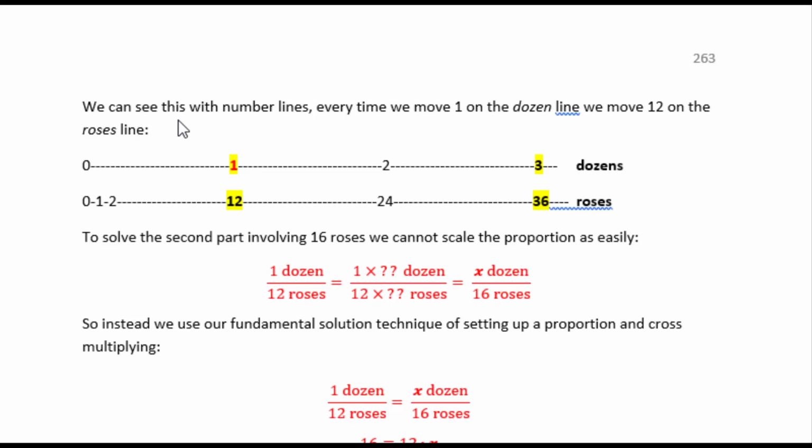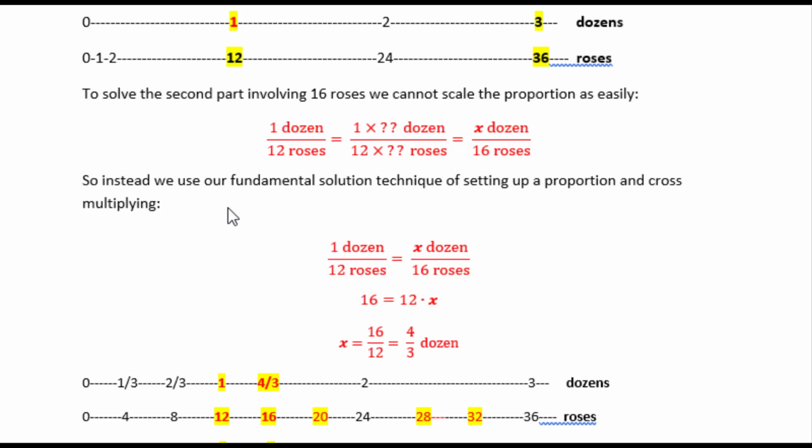Looking at it with the number line, we can see it this way. If 1 dozen roses is the same as 12 roses, then 16 roses is the same as how many dozens?